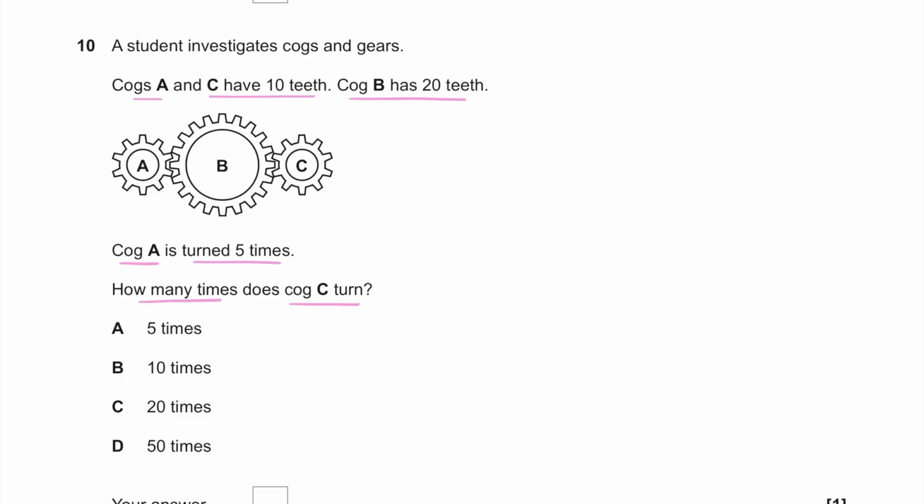I'm going to say that TA, which is the teeth in A, times NA, the number of times A rotates, is equal to TB times NB. This means that NB is equal to TA, which is 10, times NA, which is 5, over TB, which is 20, and that gives me 2.5 turns.